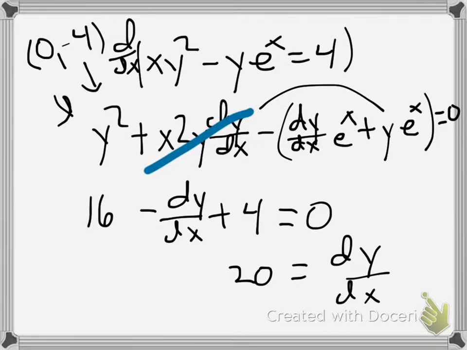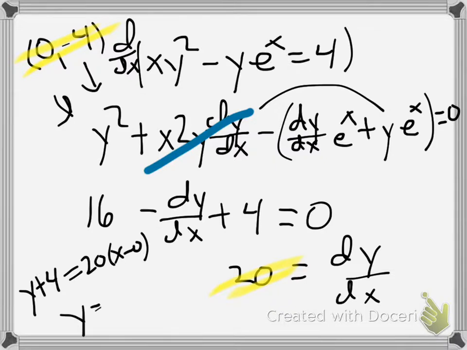So now let's go ahead and use point-slope form to combine my point and my slope. Okay. So this is going to be y plus 4 equals 20x minus 0. Or if you want it in slope-intercept, I guess it's going to be y equals 20x minus 4.